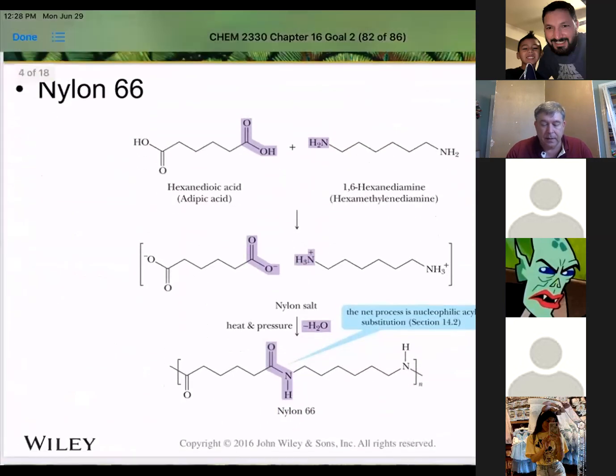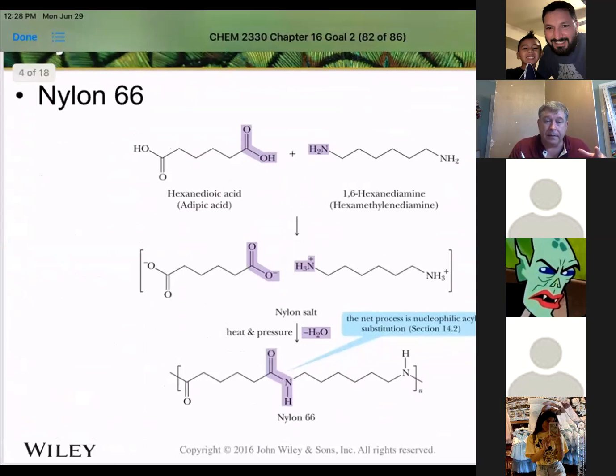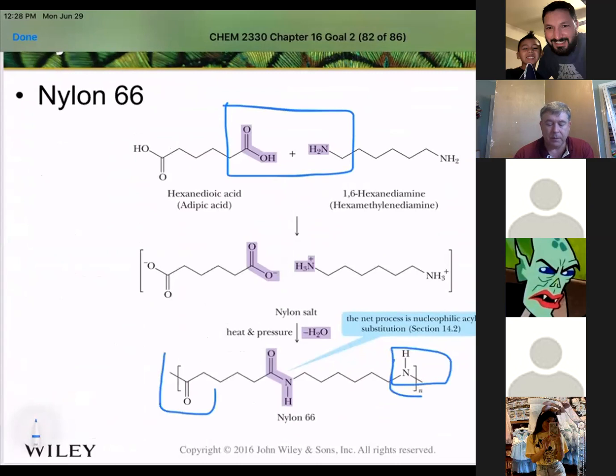Okay, so the first thing about polyamides is that we take a carboxylic acid and an amine and react them together to create a polyamide, right? That's how we made amides to begin with. The only difference here is instead of just reacting one side to one side, we actually end up reacting it on both sides of a molecule, okay? So if we were to just take this part of the reaction to happen, we would create an amide, right?